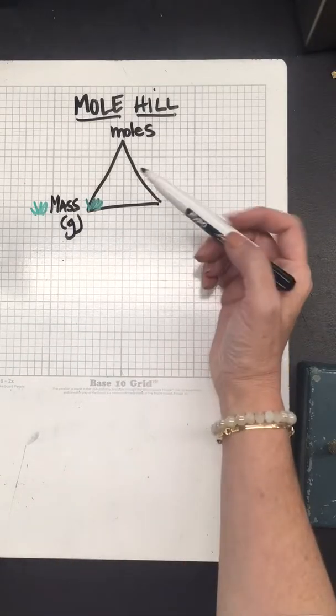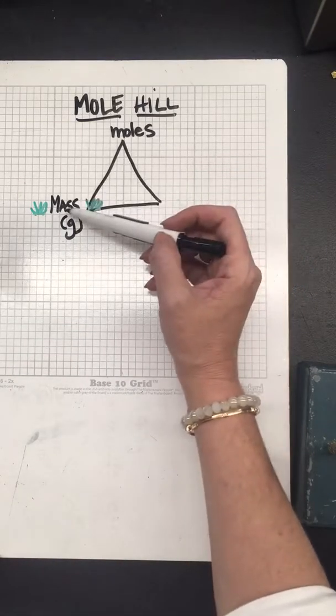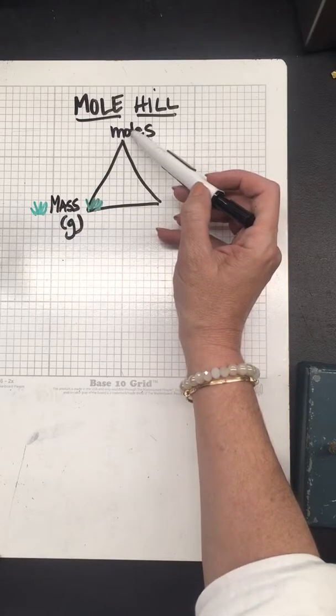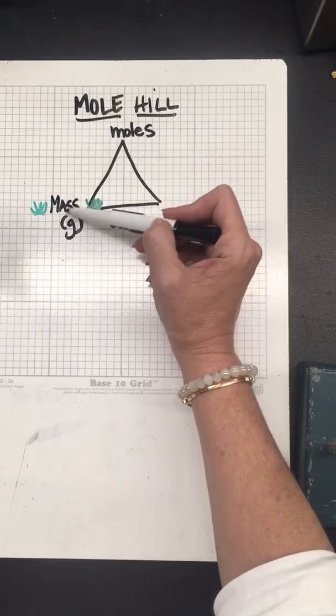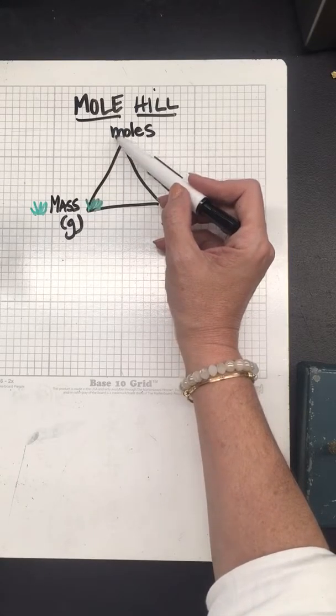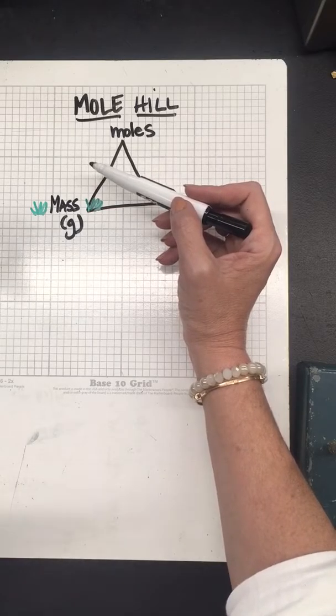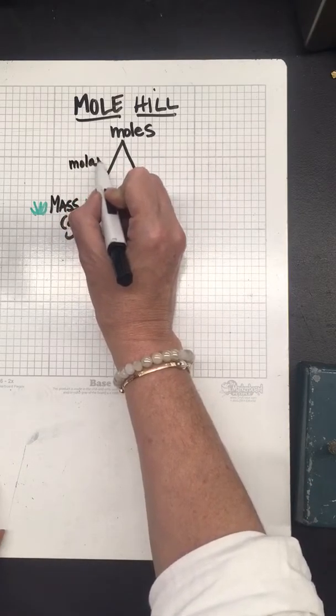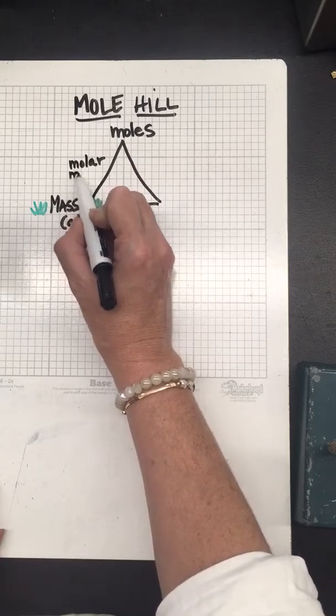Okay, so I can convert between the amount of grams of a substance to moles, or I can convert from moles to grams or mass. So I can convert between these two. But in order to do that, I have to go through molar mass. And we've already had lessons on how to determine molar mass.